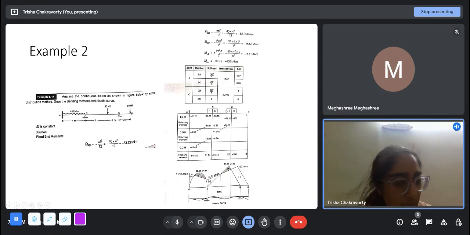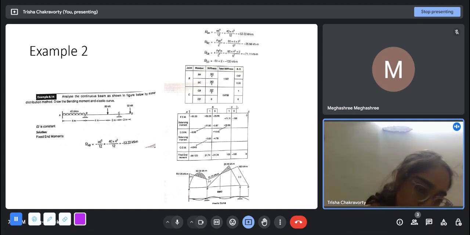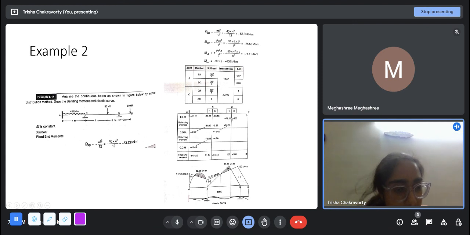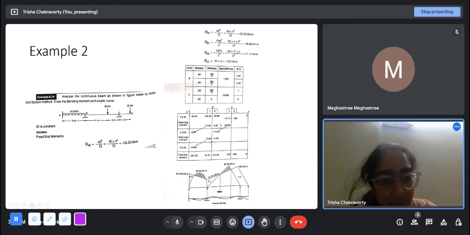The unbalanced moment was negative, so we get a positive moment to balance. The entire thing we write on this side because the other is 0, so the ratio here is 1. Then we carry over to the far ends. This side we transfer, this side we don't transfer, and here also we transfer on this side.